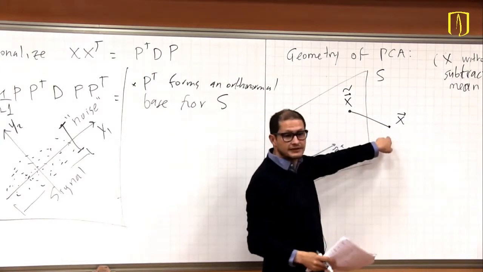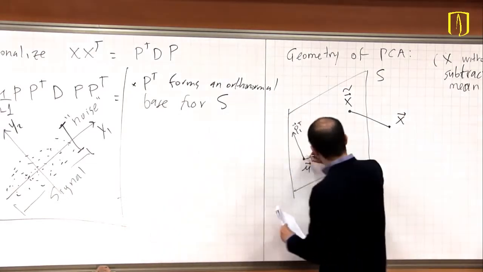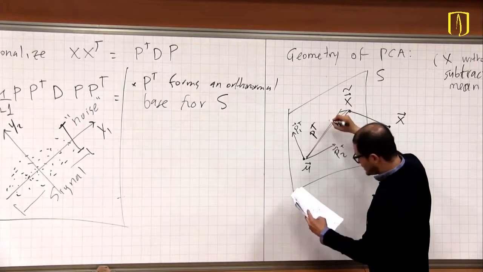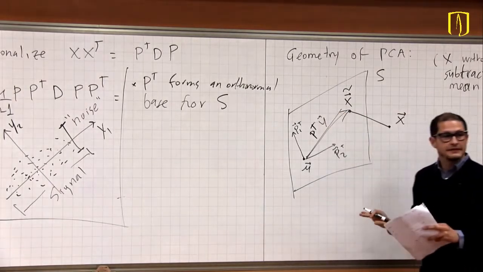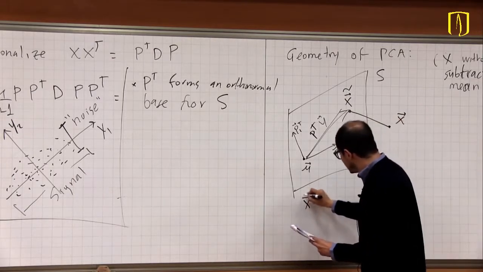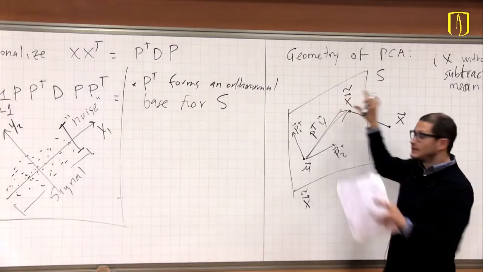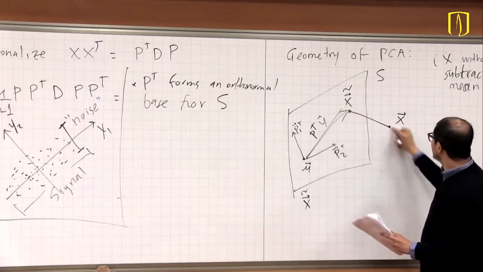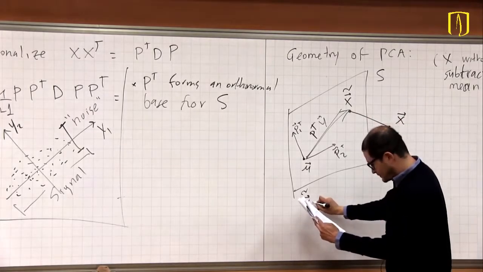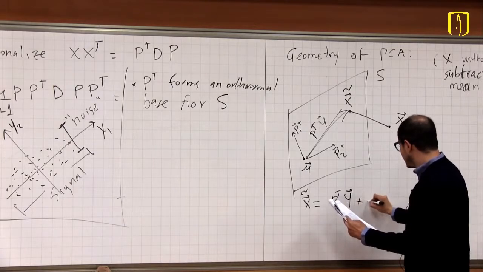The vector here that connects is going to be P transpose Y, which means basically that my reconstruction, my approximation X tilde to my original vector X in the higher dimensional space, is P transpose Y plus the mean.